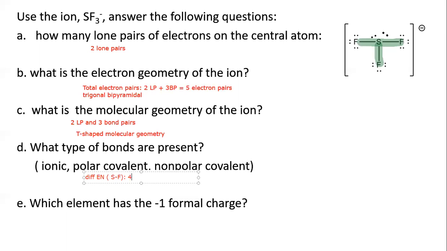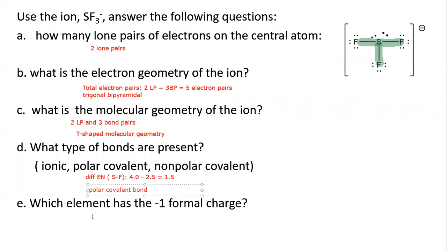So fluorine, we all know, has an electronegativity of 4. Sulfur has an electronegativity of 2.5. So this has an electronegativity difference of 1.5. So this would be categorized as a polar covalent bond.